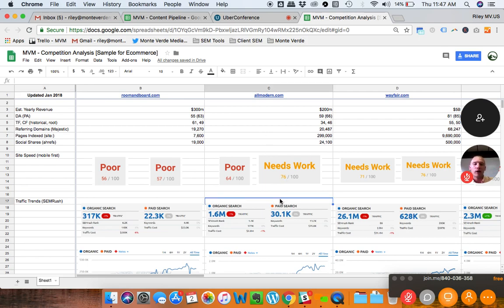I think probably some of the most valuable things in this analysis are the traffic trends, and specifically how much are they spending on paid search, because if we see that companies in the niche consistently spend on paid search, then we can assume that it's profitable for them, and we can assume that it may be profitable for our clients as well.